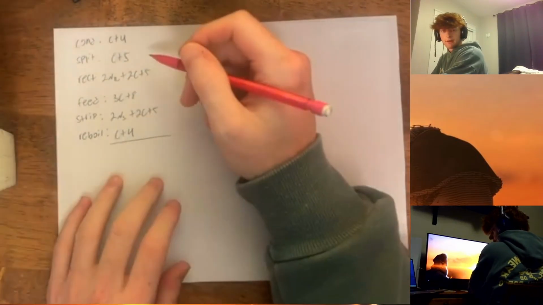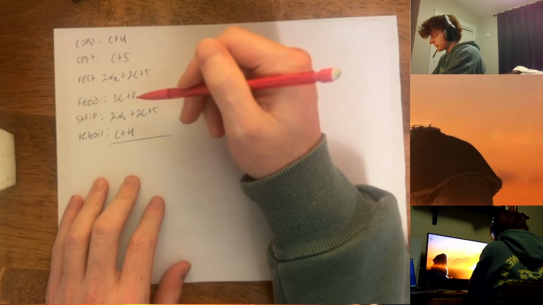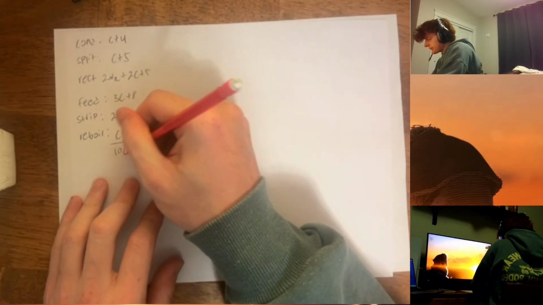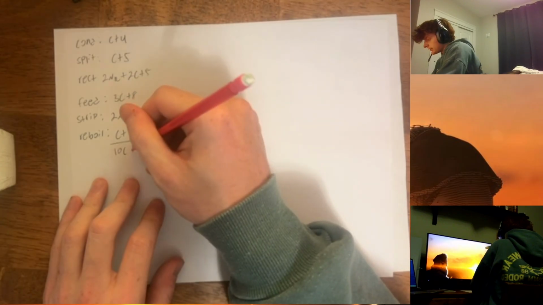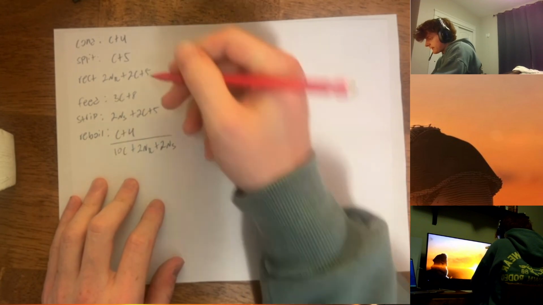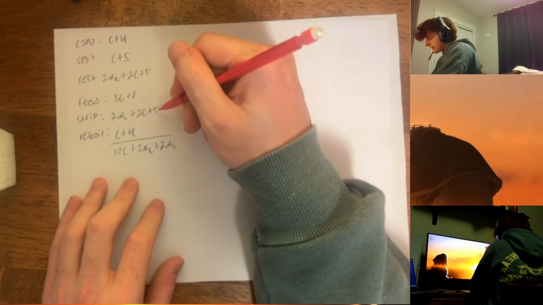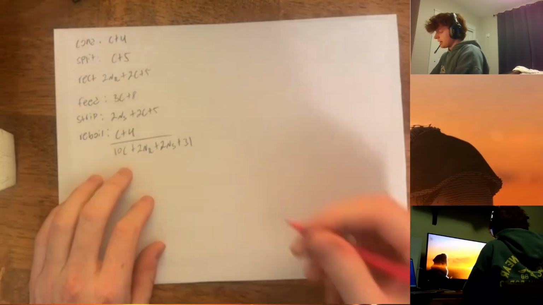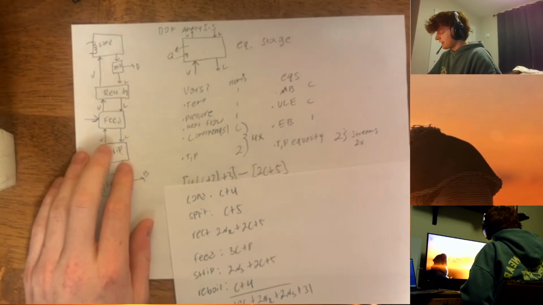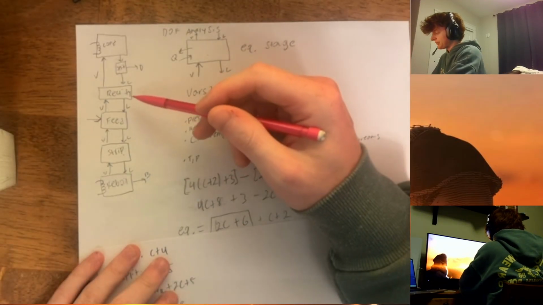Okay, so I have all the ones that we've derived, and we can go ahead and add them all up now. So 1, 2, 3, 4, 5, 6, 7, 8, 9. So we have 10C, and then plus 2NR plus 2NS, and then 9, 14, 22, 27, and 31. So this will be our total right here, except that we're counting streams again that aren't exiting our whole system here.